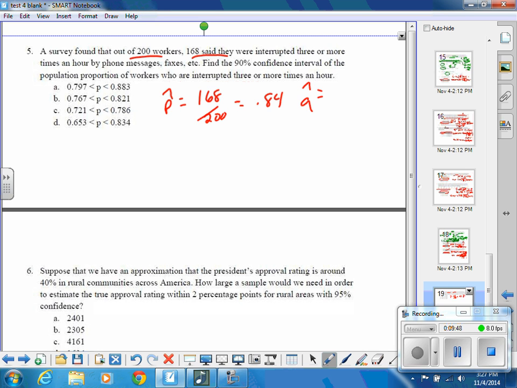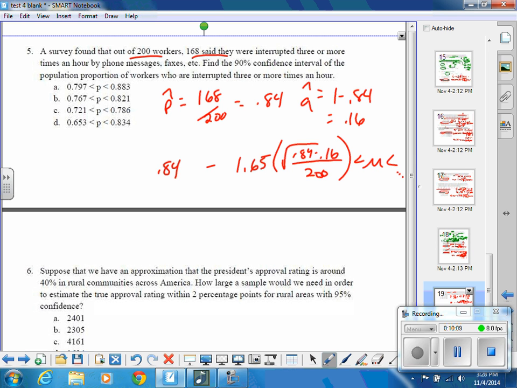Q hat is 1 minus 0.84, which is 0.16. For 90% confidence, I'm using a Z of 1.65. And then I'm just going to copy everything else here. Times square root 0.84 times 0.16 all over 200, my n. Of course, I have my plus on the other side, and I should end up with A for my answer.